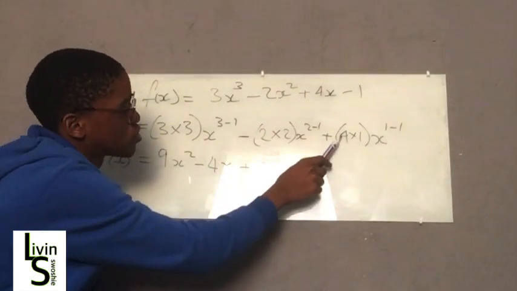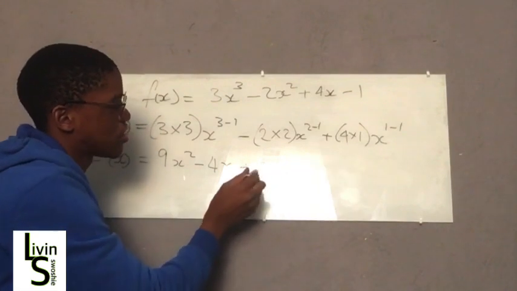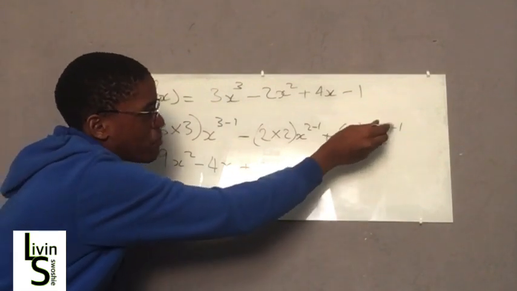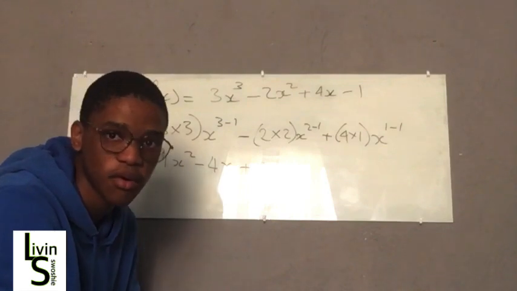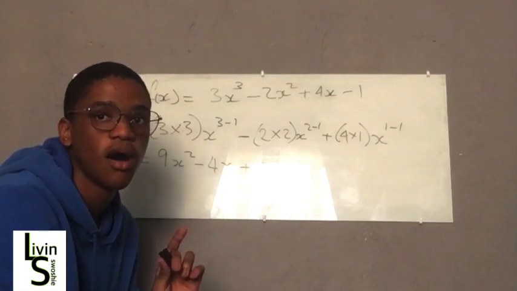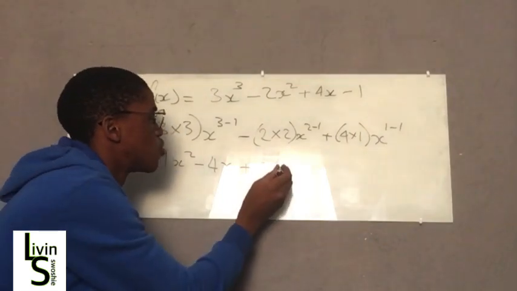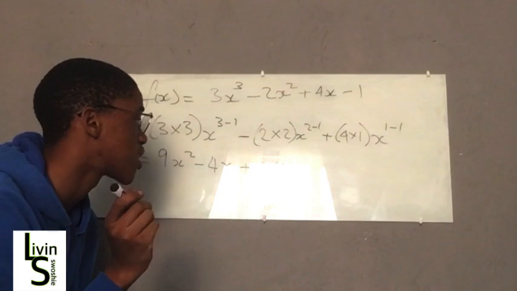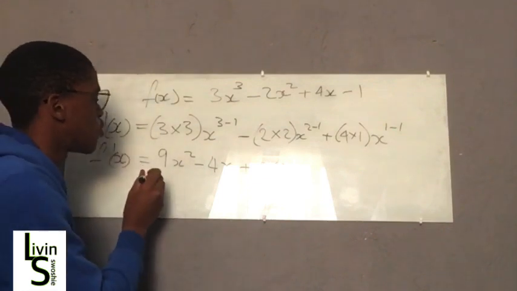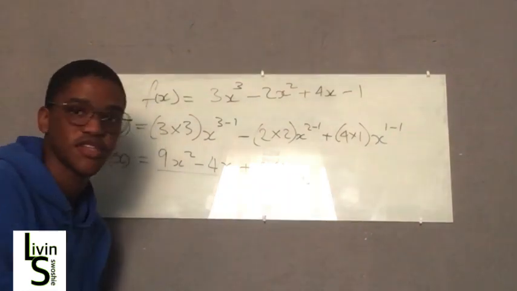And then we came to this one and said 4 times 1, which gave us 4, and then x, 1 minus 1. Okay, we know that any number raised to the exponent 0 is going to be 1, so it is 4 into 1. I hope that does not confuse you guys. So this is going to be your derivative.